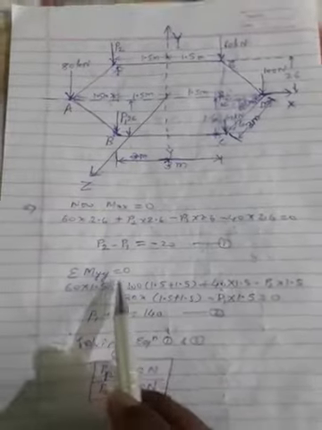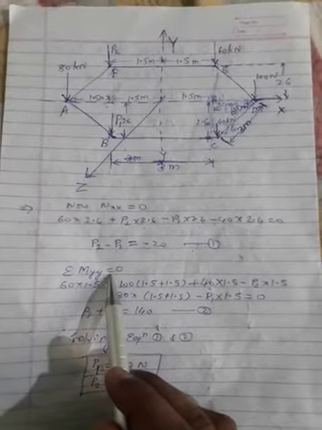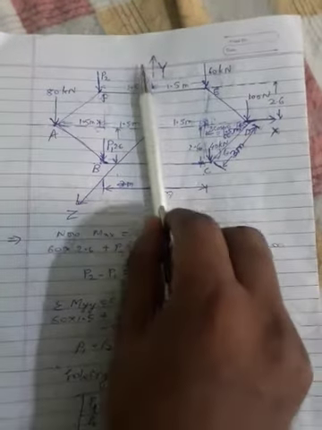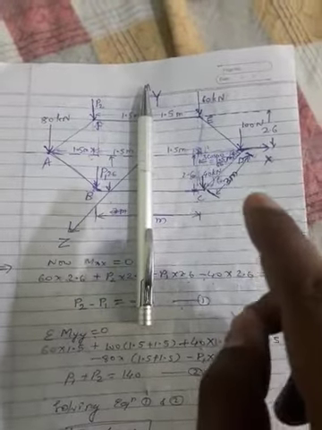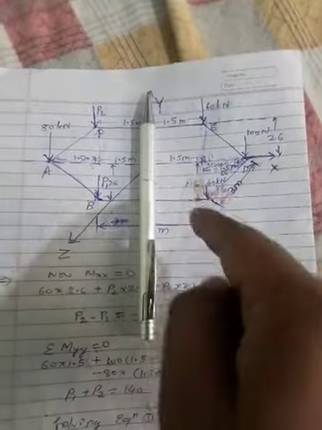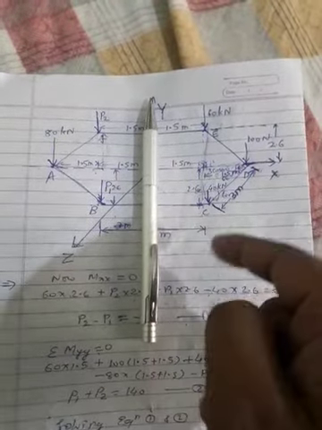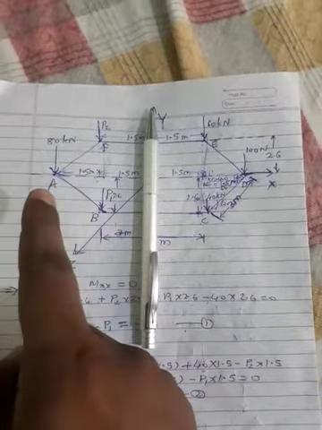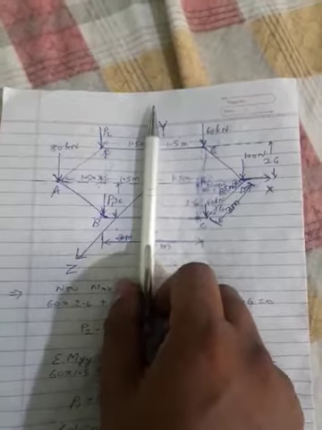Now I am going to apply summation of moments about the y-axis equal to 0. About this axis I am going to apply it. Again I will check how forces will rotate. This 60 will rotate clockwise, this 100 will rotate clockwise, this 40 will rotate clockwise, and this P2, P1 and 80 Newton will rotate anti-clockwise about this y-axis.